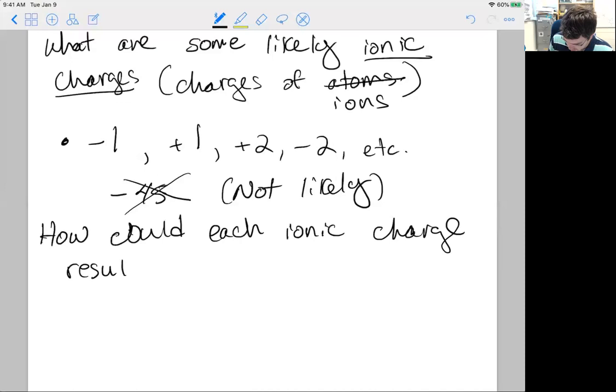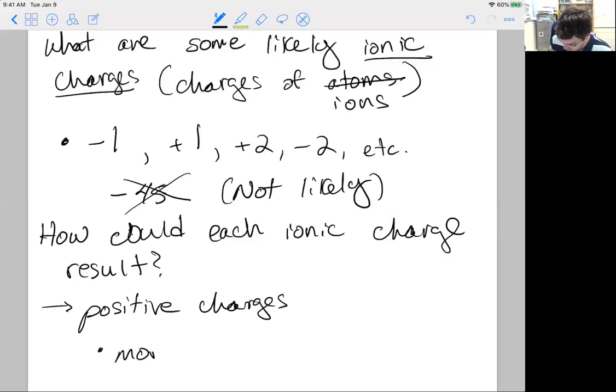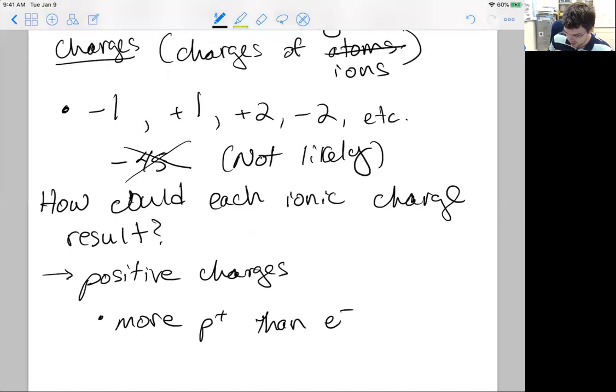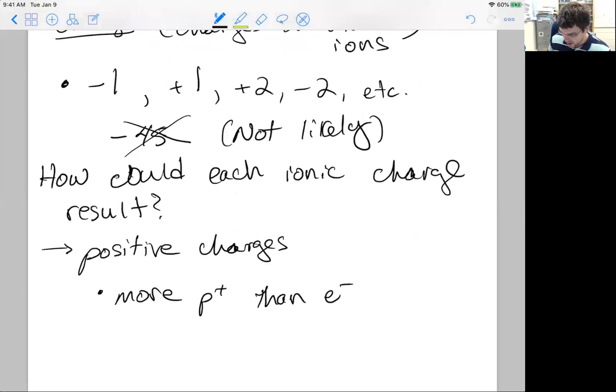Okay, so how could each of these types of charged states result? How could each ionic charge result? What we would need for positive charges to form is we would need more protons than electrons. Now, whenever we have ions that are positively charged, we call them cations, and that's an important term.